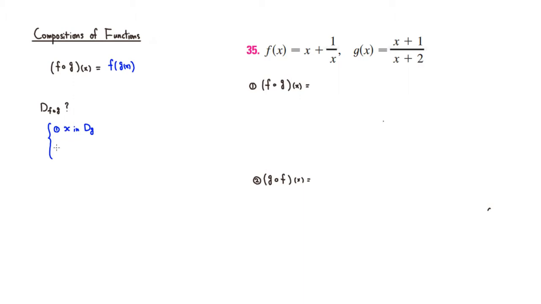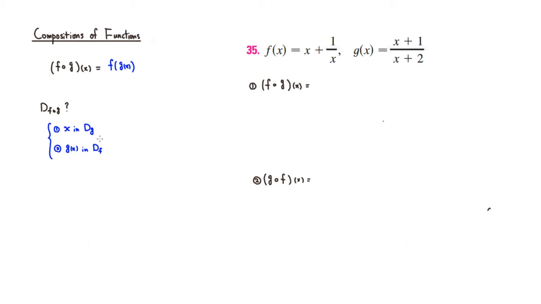And number two, since we are plugging g of x into the function f, we have to make sure that g of x is in the domain of the outside function, which is f. That's how you find the domain of f of g.